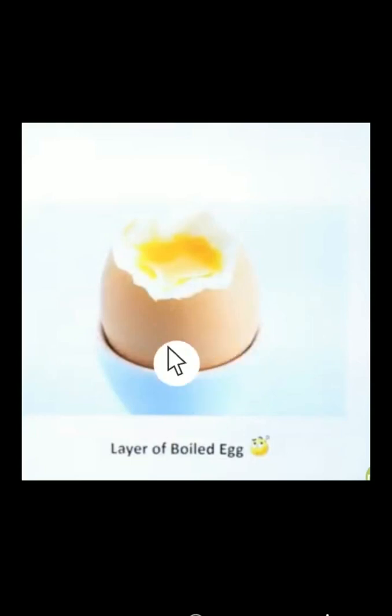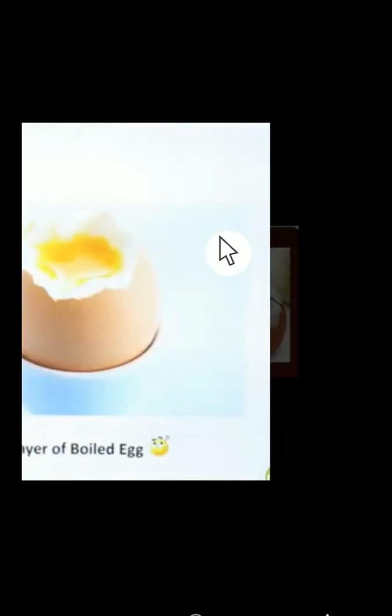We have the shell over here, the outermost and thinnest layer. Then we have the white part, which is the biggest or thickest layer. And then the innermost layer, the yolk, the yellow part, comes in the interior, on the inside. So this is the layer structure we have seen.